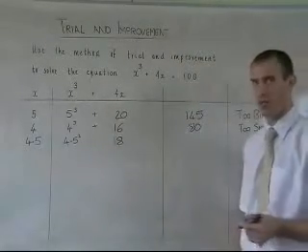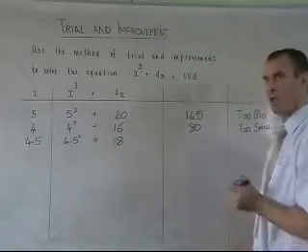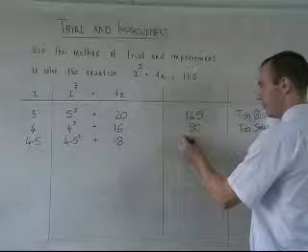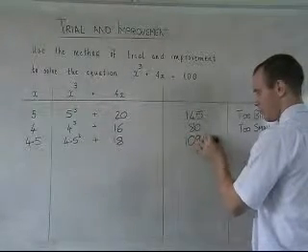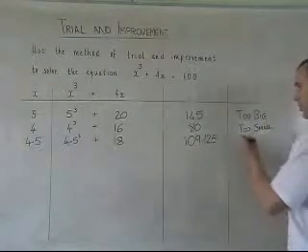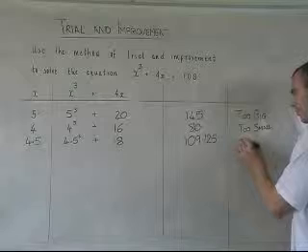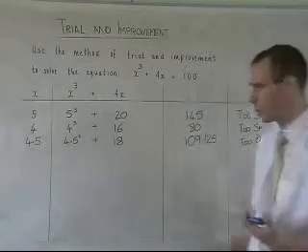We're going to add the two together, and we're going to get the number 109.125. Okay, so we're closer again, but it's still too big. So we make it smaller.